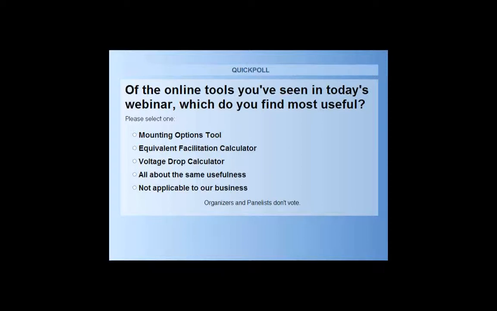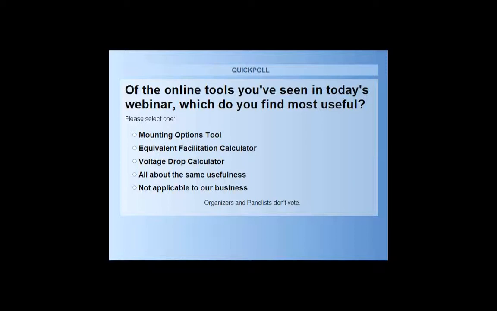All of them are about the same, or again, if it's not applicable to your business, if you could go ahead and vote. We'll leave it open for another few seconds. We're at about 75%. We'd love to get to that 80% mark. So go ahead and vote if you would. And thank you very much.